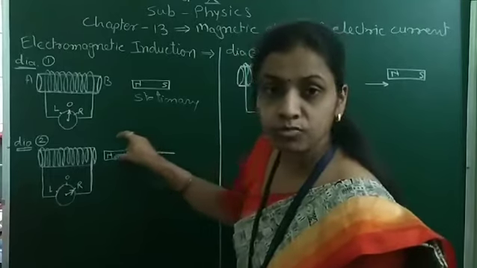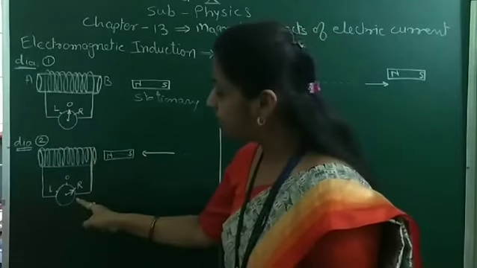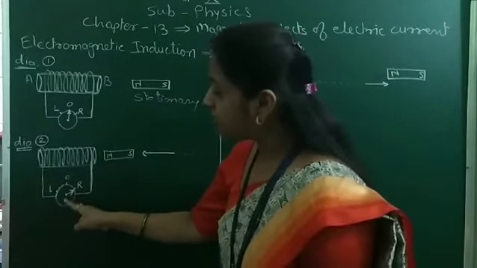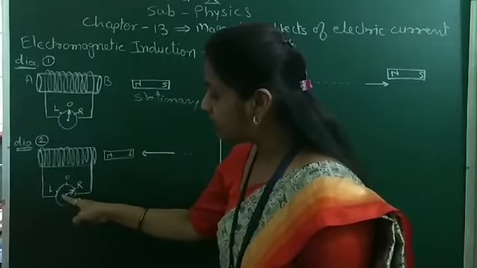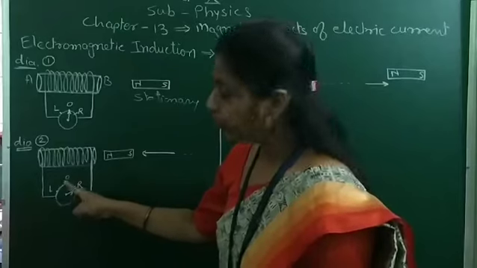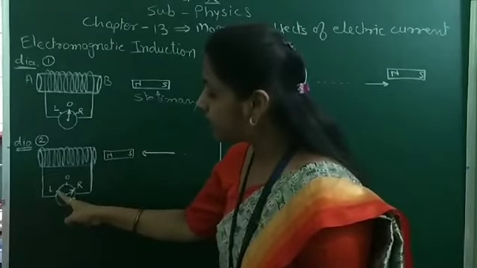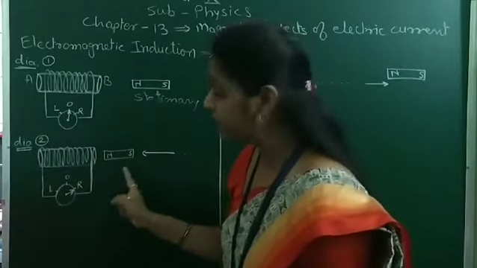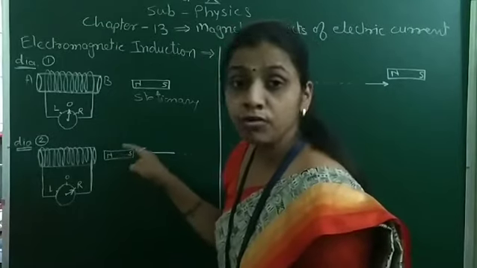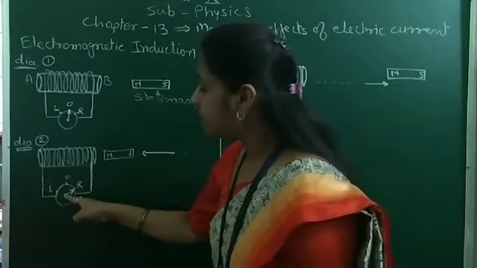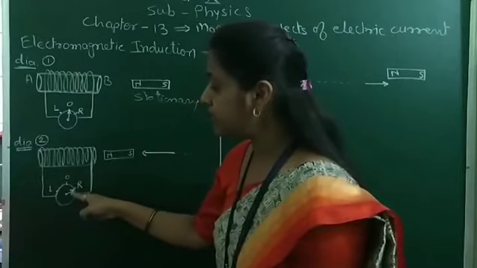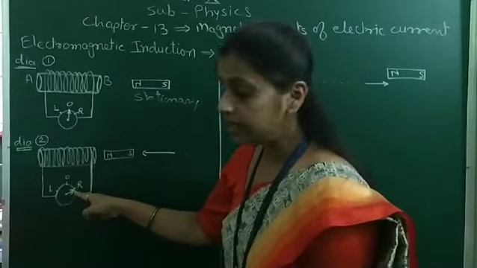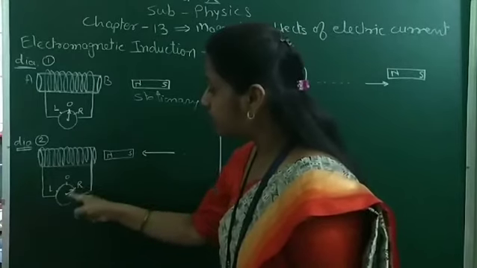Whenever the bar magnet moves towards the coil, the galvanometer shows deflection. And which deflection is that? The needle in the galvanometer deflects towards right. It indicates that current is flowing through the coil, and the direction of the current flowing through the coil is given by the needle. So this is the direction of the current.